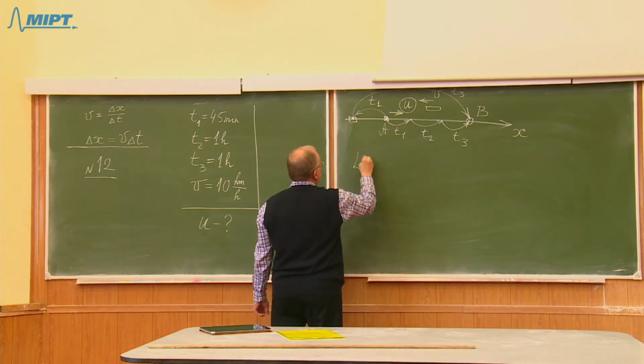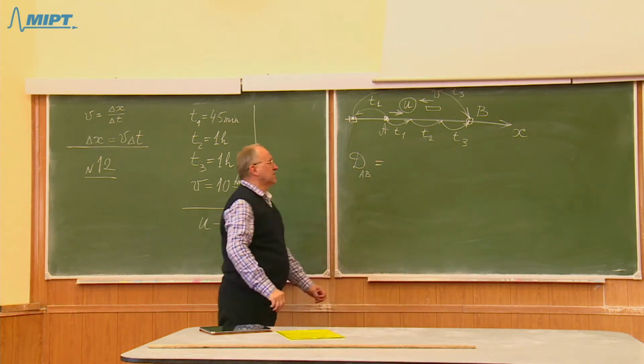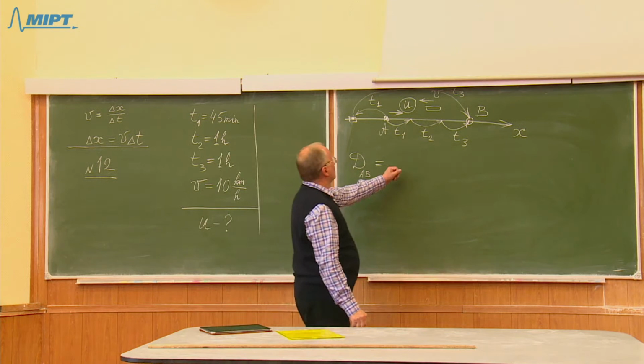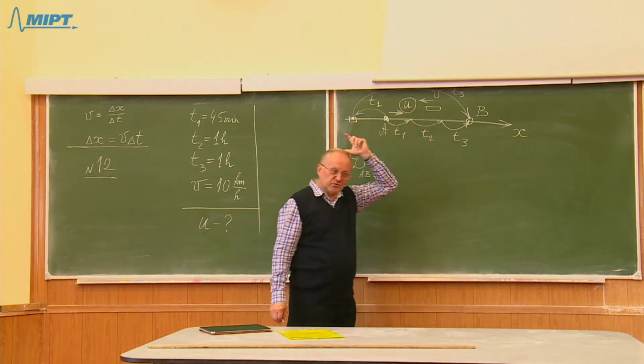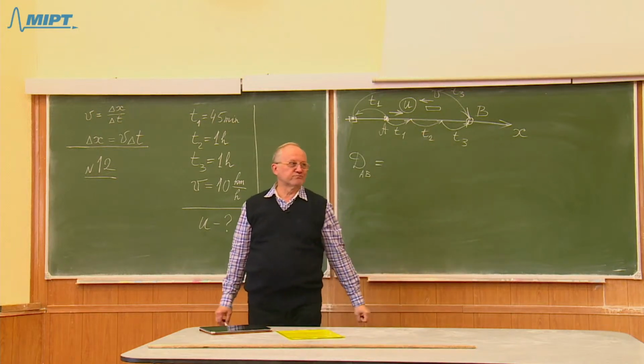and the distance d from point A to point B can easily be calculated because we know the total time of motion and the speed of the river flow.